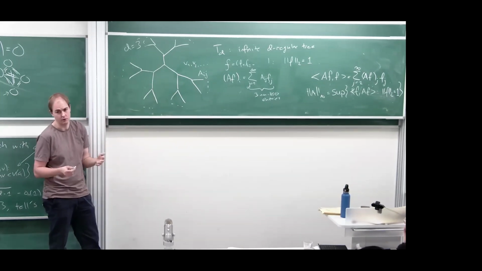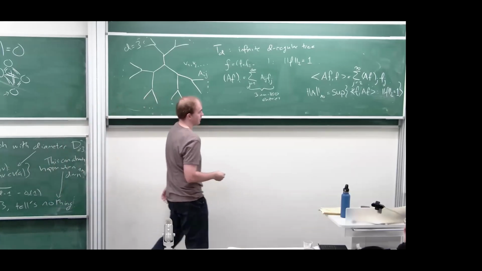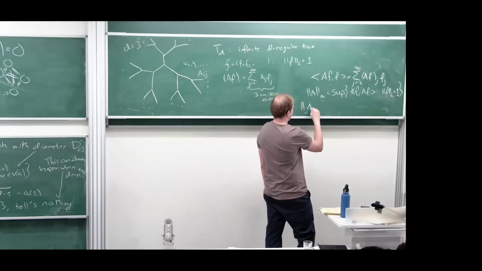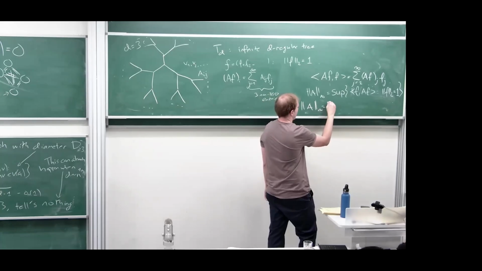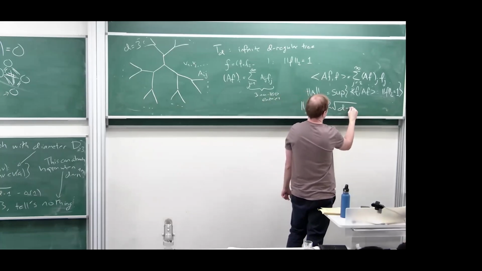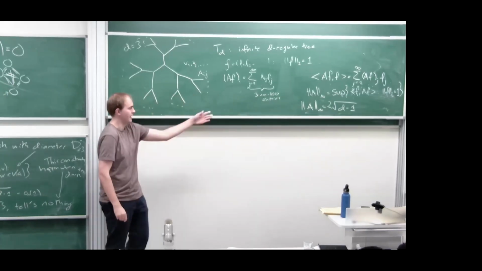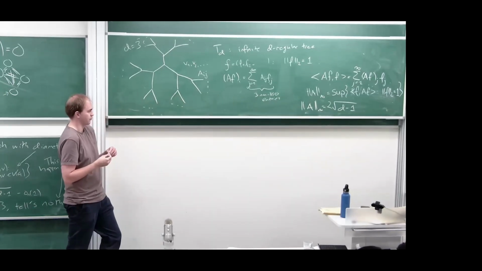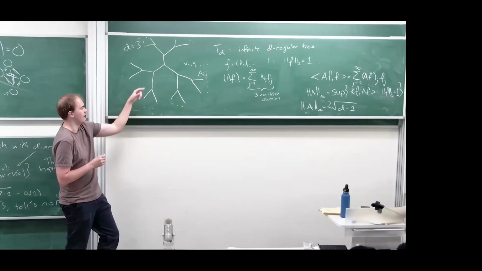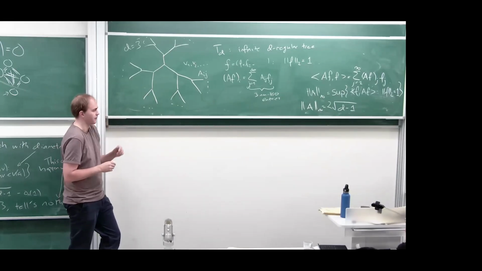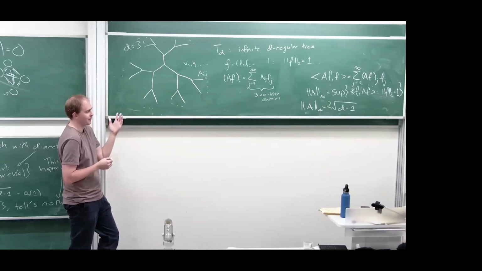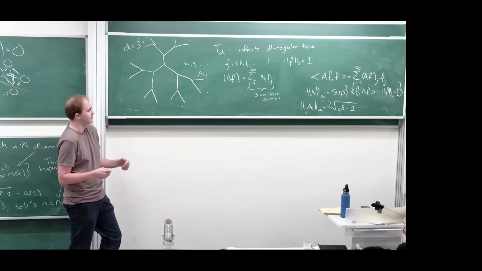That's actually not doing too well either. What you can show is that the spectral norm of A is 2 times root d minus 1. And basically the vector you're about to construct, we'll see soon when we prove the Alon-Boppana theorem, and that basically motivates our proof a bit.